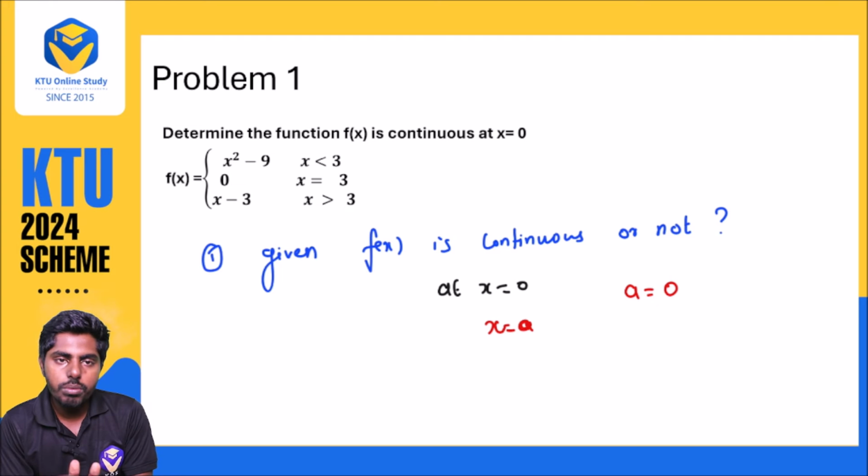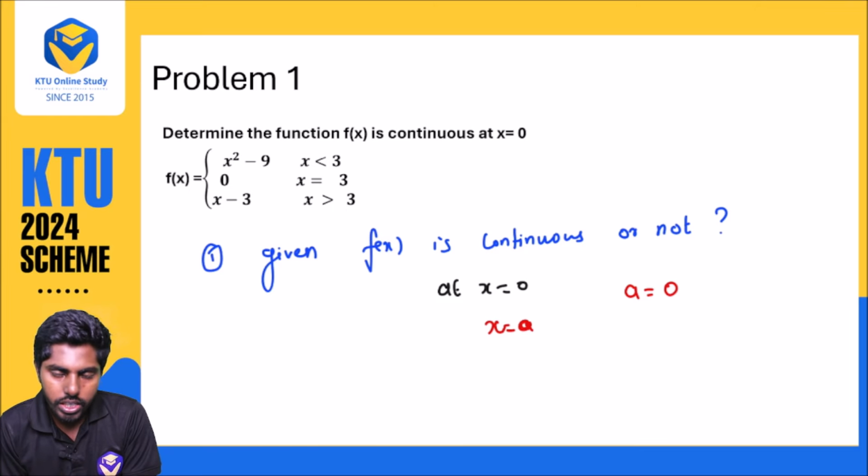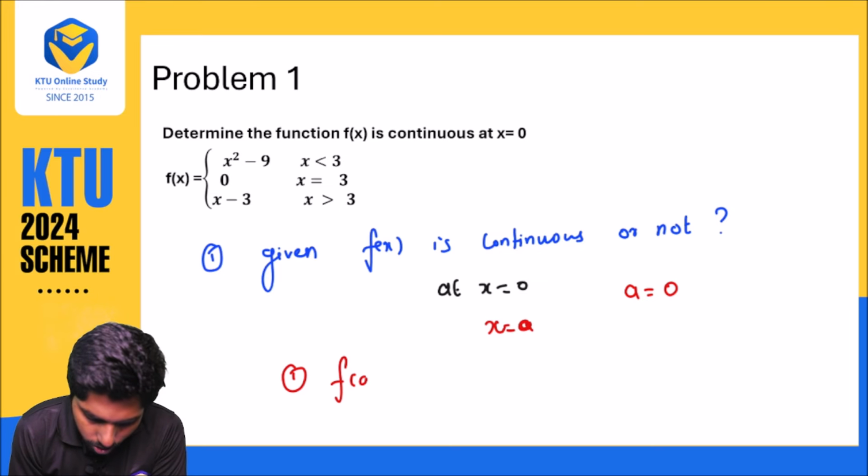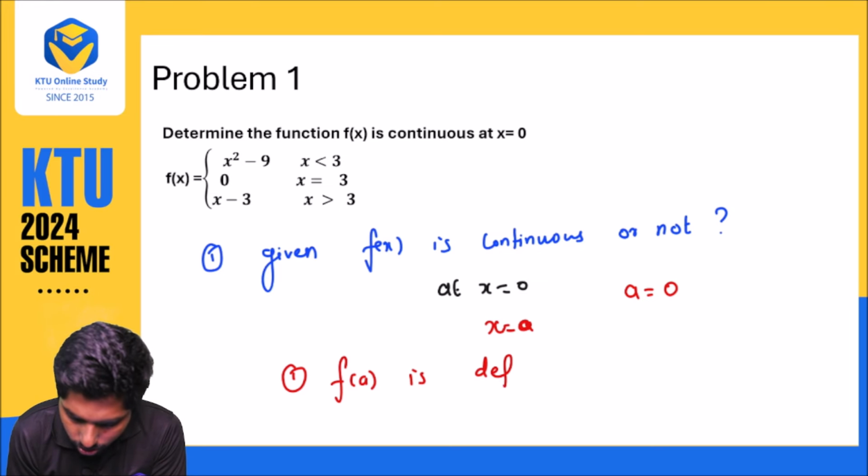Now they are asking whether the given function is continuous or not. What is the condition for continuity? The first condition is whether f of a is defined. The second condition is whether the limit as x approaches c of f of x exists or not.